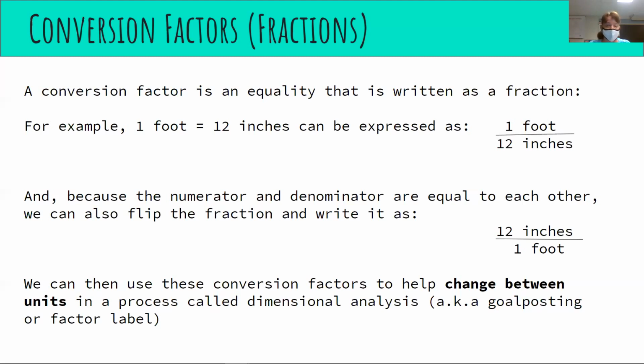It's a fancy name, but all it really is fraction math, okay? So because it's fraction math, we need to know what fractions we're going to deal with. And this is where those equalities came in that we just talked about for the metrics, but that you're also going to use for non-metric conversions.